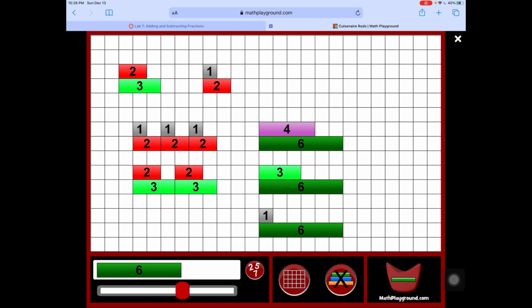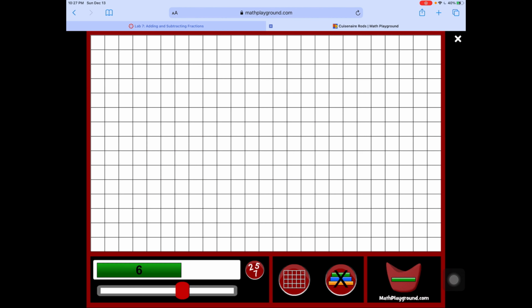So if we wanted to do 2/3 plus 1/2, the same fractions we just had, we would do it the same exact way again. So here we have 2/3 and we have 1/2. So again, we need to find our common denominator even though we already know it, and we're going to line up our whole pieces.